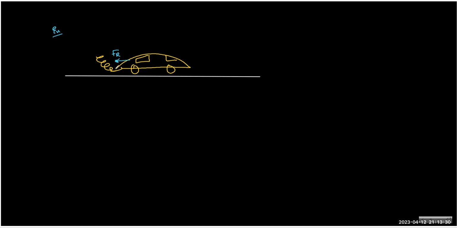But we are going to take the drag as a constant force, which is not a very realistic case, but to solve questions, I am going to take it. So this is the drag force of air. And definitely the friction will act like this, and our friction will be static. A is the instantaneous acceleration, V is the instantaneous velocity.